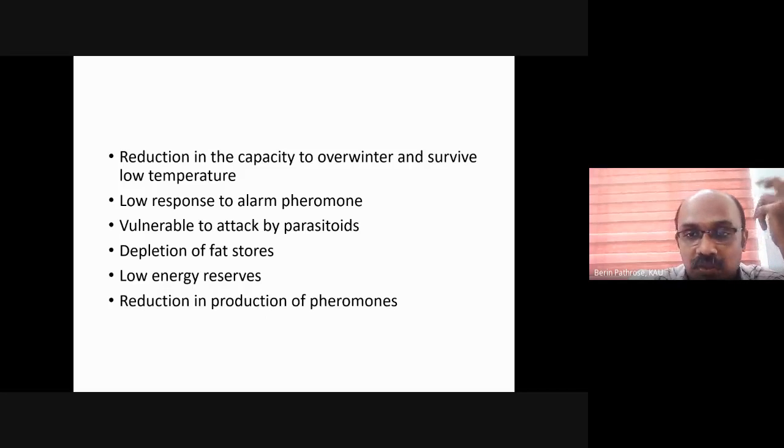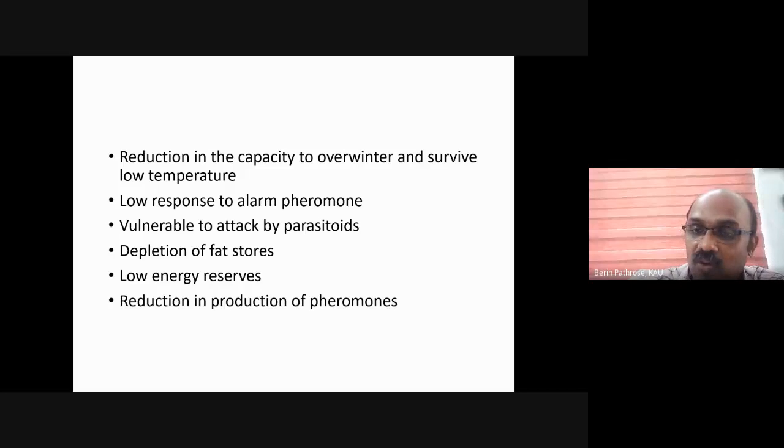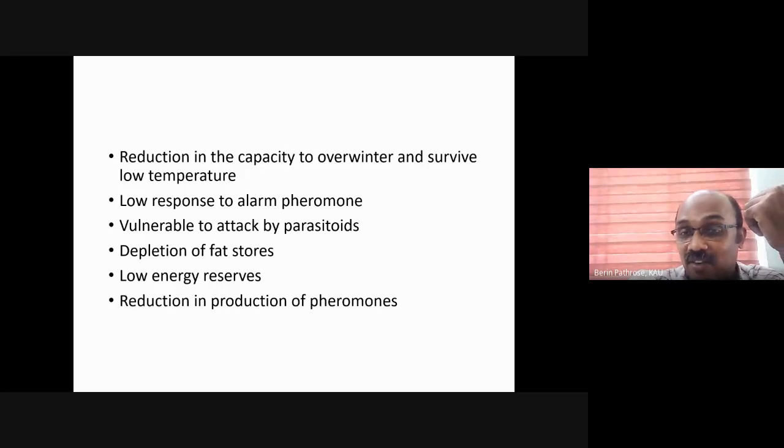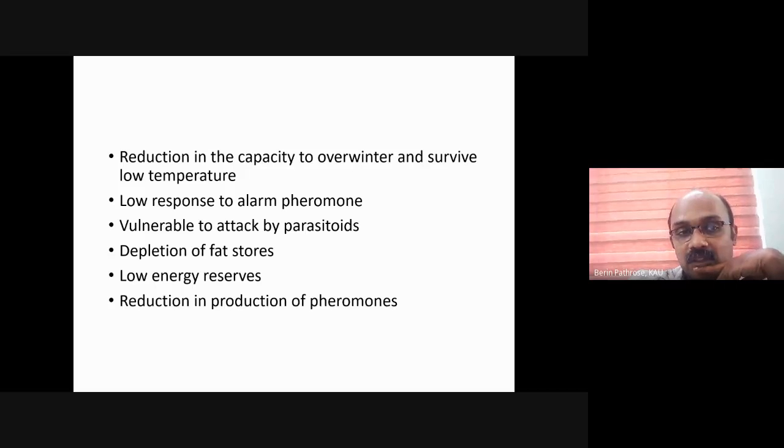It has to overwinter. It has to go for hibernation. Resistance affects that capacity. Then low response to alarm pheromone, which is mainly studied in aphids. Some scientists have found that resistant aphids respond very poorly to alarm pheromone.